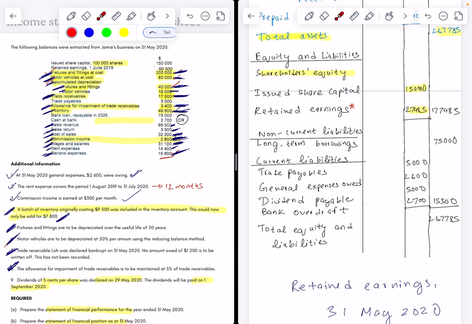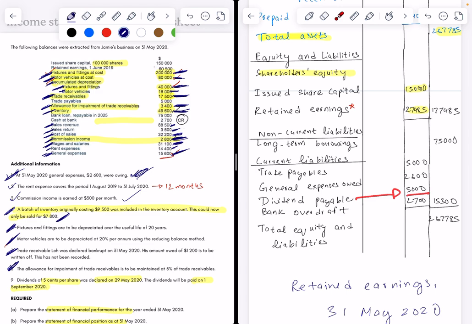Then we have accrued general expenses from additional information 1, which is $2,600. So this is also done. Then we have got dividend payable from additional information number 9, and also what we have just looked into for our retained earnings calculation, which is 5 cents per share multiplied by 100,000 shares. That gives us $5,000 as the dividend payable.